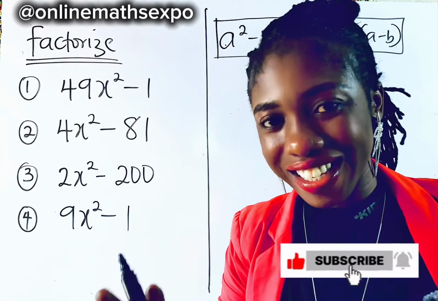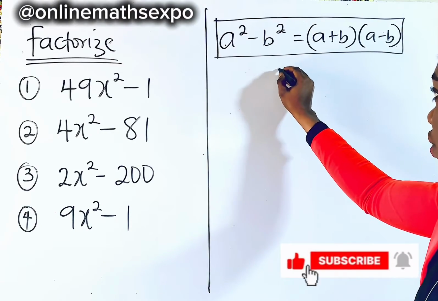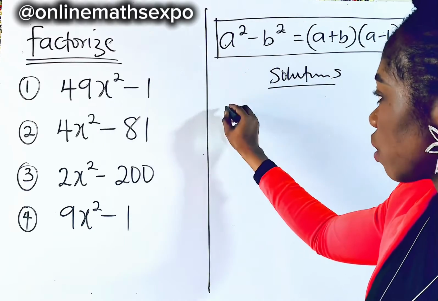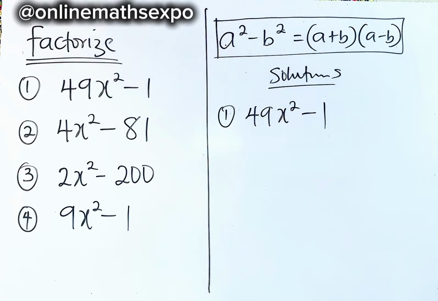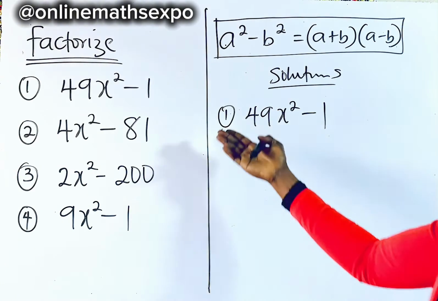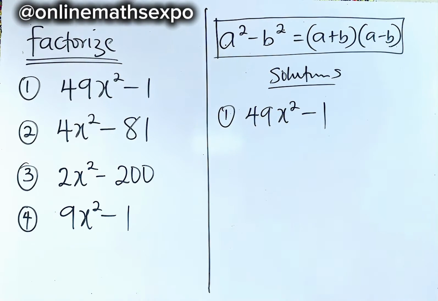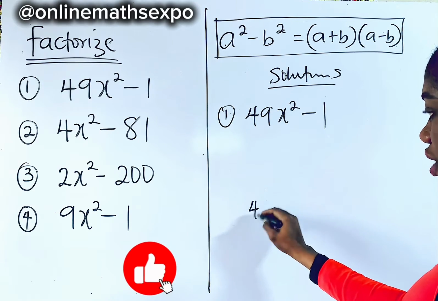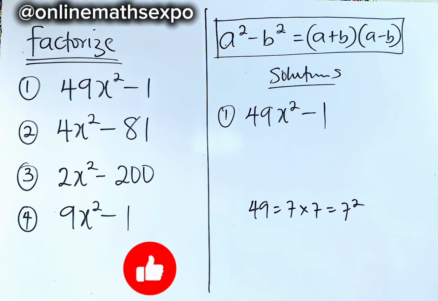It's just so easy. Now let's take it off with the first one. So we're going to have our solutions. For the first one, we have 49x squared minus 1. Now, how do you apply this here? It's tricky, but simple. What you need to know is that 49 is a perfect square. 49 is the same as 7 times 7, which is 7 squared.